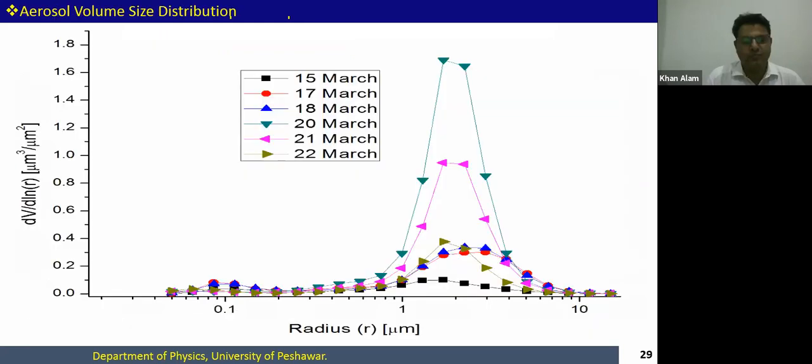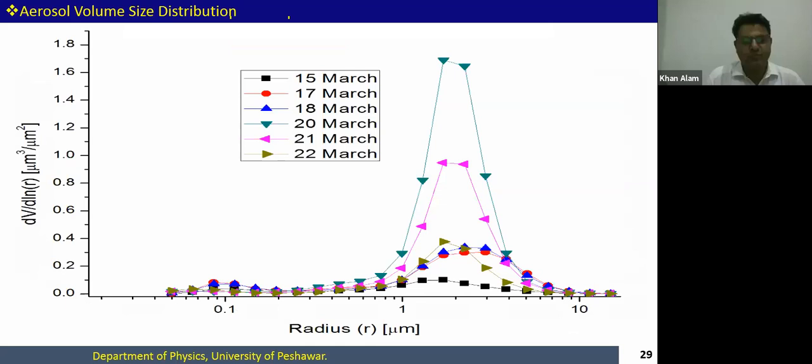This is the volume size distribution during these dusty days. You see that the fine mode particle is very small as compared to the coarse mode. So it means that the coarse dust particles during these days dominate the fine particles.